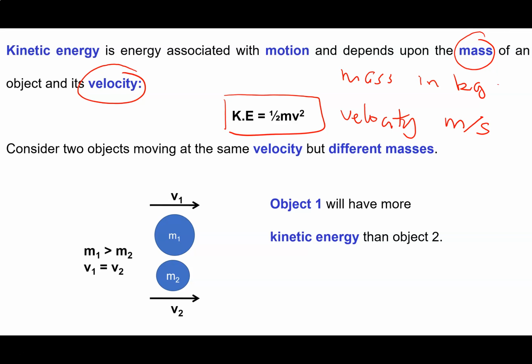So what can we see? Well, we can see that the kinetic energy of an object increases as its mass increases, and it increases as its velocity increases. So if we have two objects that have the same velocity but different masses, what this little formula is telling us is that the object with the greater mass will have more kinetic energy.